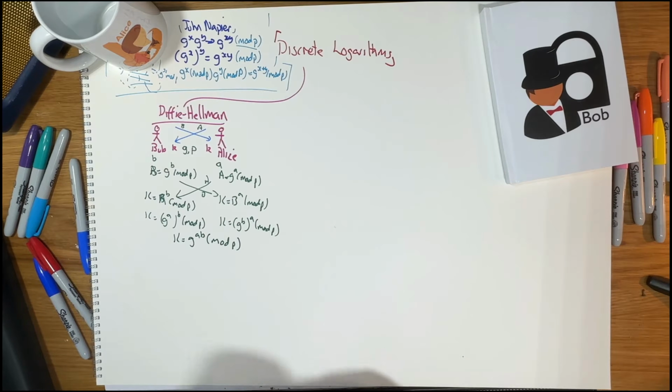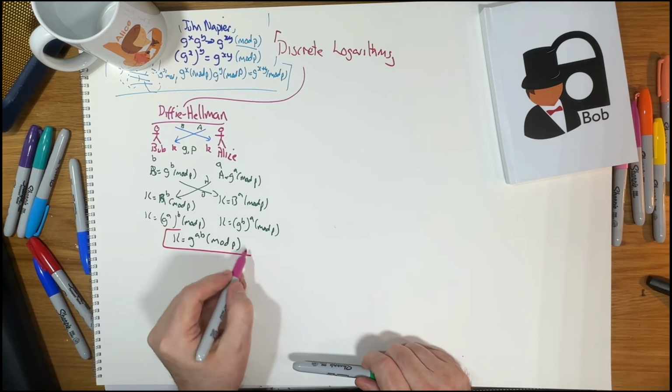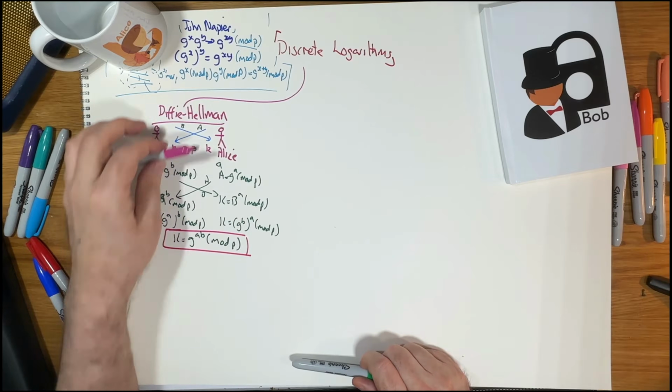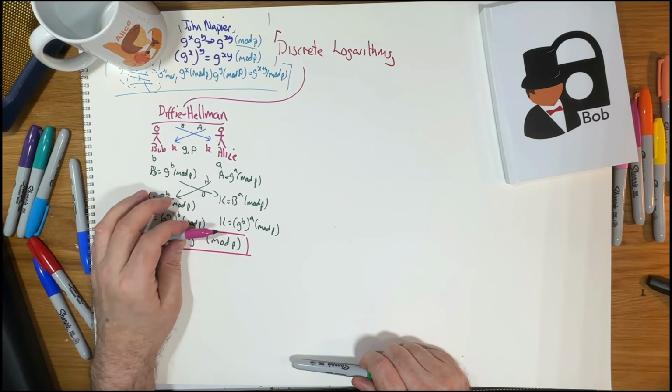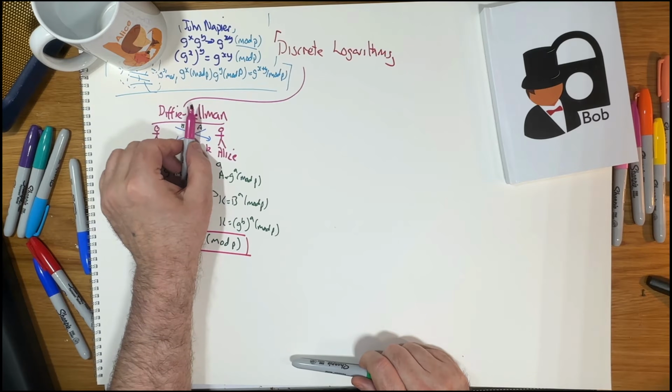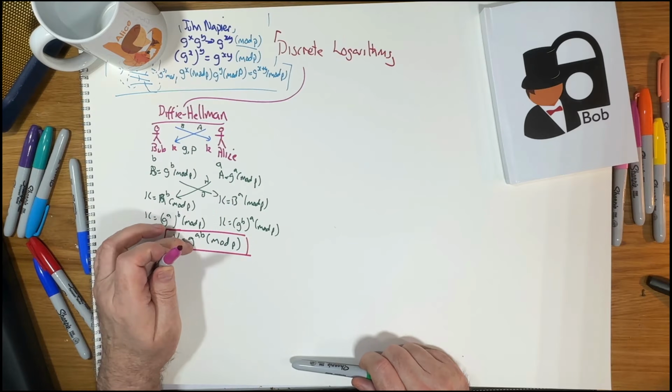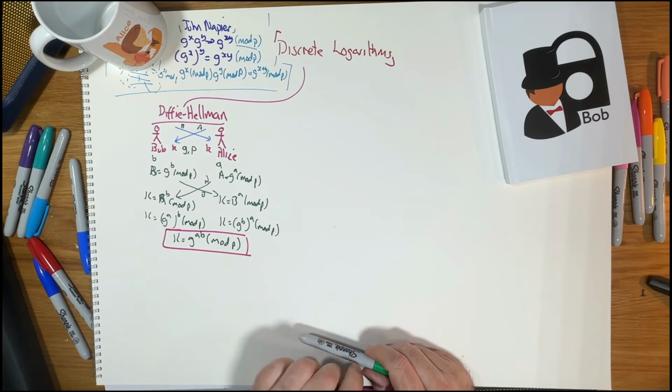And this means that they both end up with the same shared key at the end of it. And hopefully if Eve is observing the values of A and B here, then she won't be able to determine the actual result.